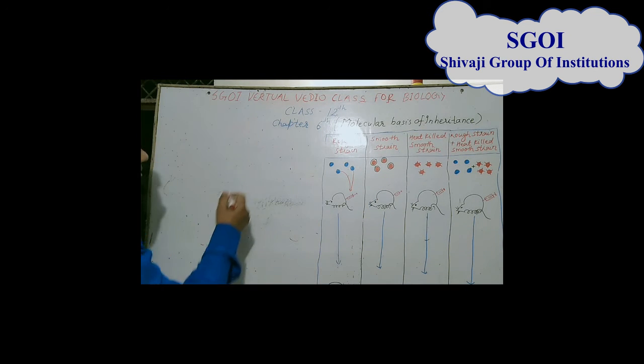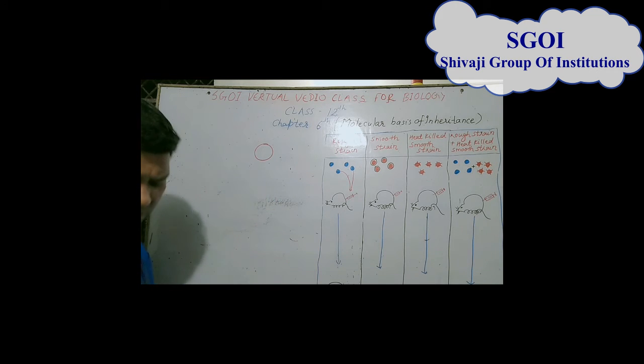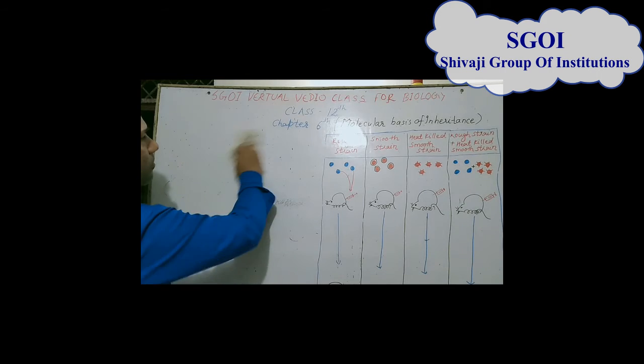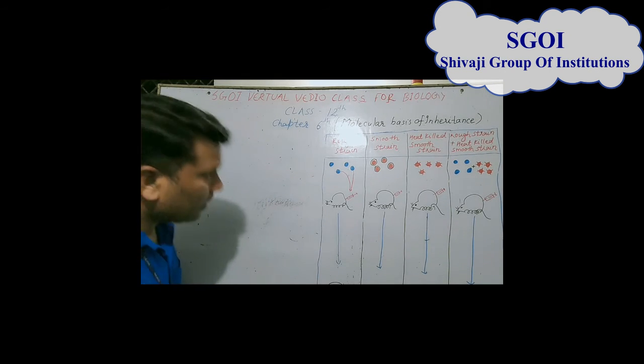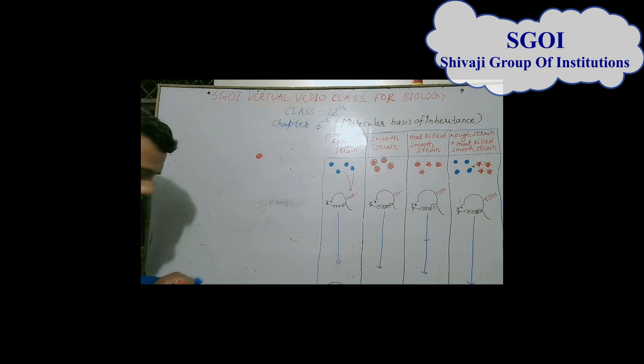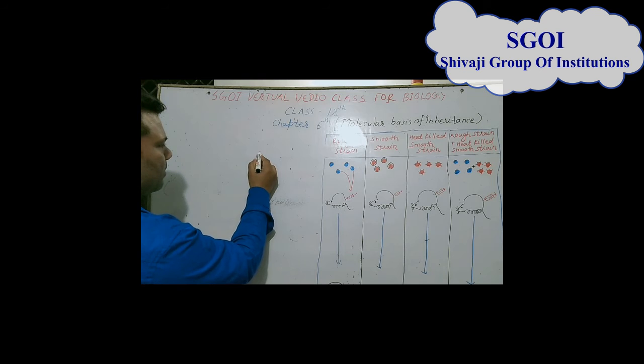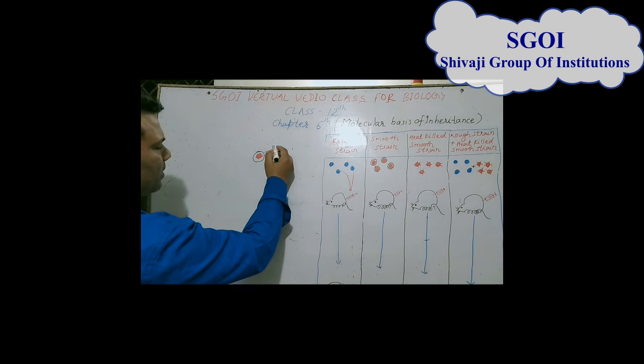What happened? Actually, the smooth strain of Diplococcus pneumoniae has a covering around it, and this covering is made up of polysaccharide.